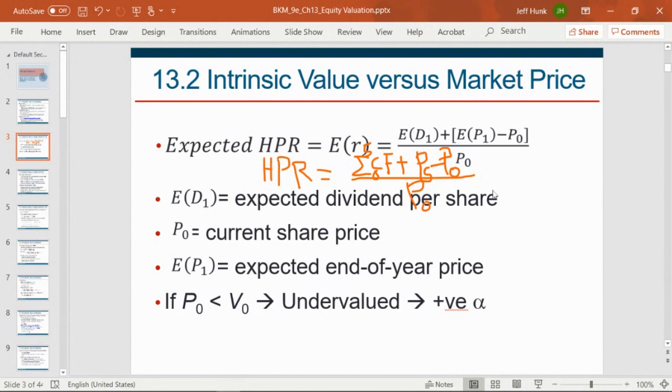Five years of price data, and I get capital gains for 5 years.